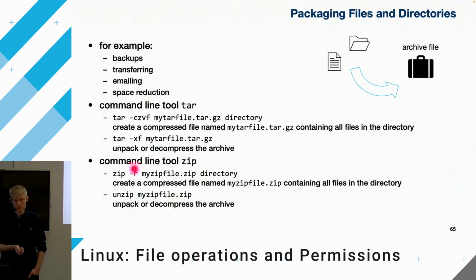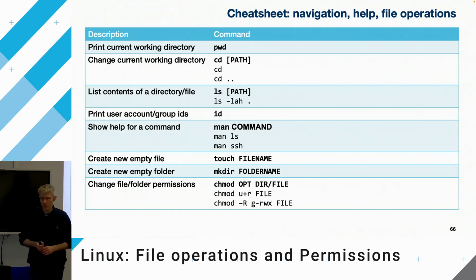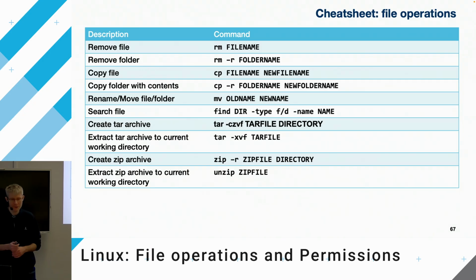And to decompress it, you can use the unzip command and the archive name. Here is a cheat sheet, a table with the commands that we've looked at, and another slide with more commands.